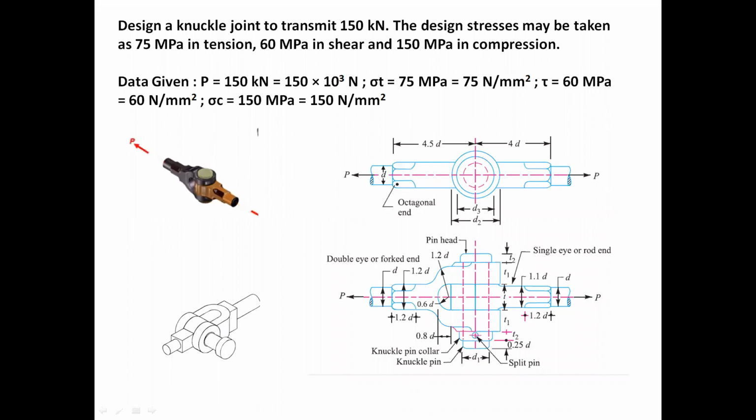Look at the picture. In that you'll find that the knuckle joint is subjected to tensile type of loading, and the figure below shows how it is going to be assembled. So basically there are three main parts: single eye, fork end and a pin.